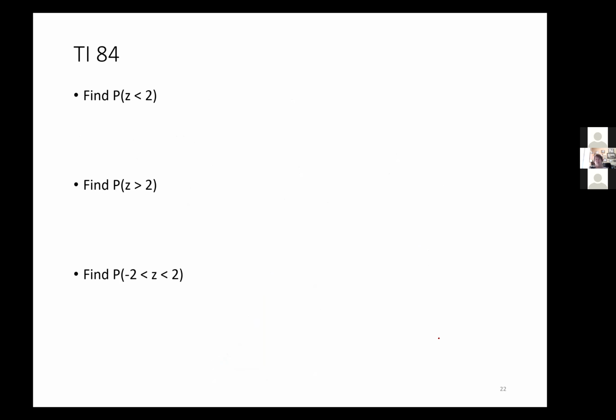Okay, so we're going to break out that TI-84 calculator. And I'm going to show you how to find these probabilities using your calculator. Now, all of these are standard normal because you're looking for the probability of a z-score being less or greater than or between 2 values.